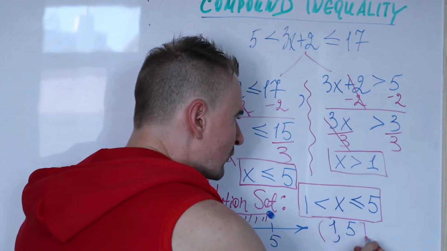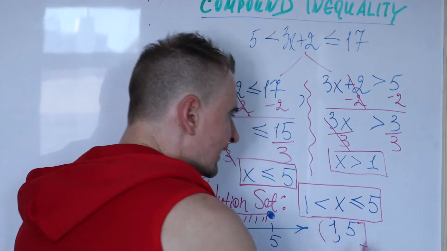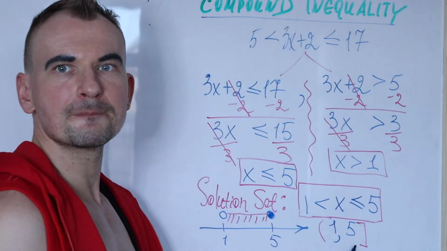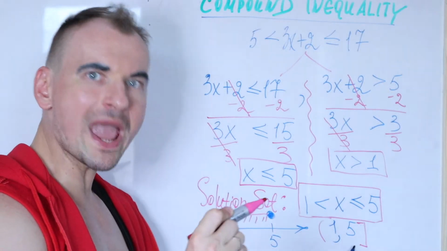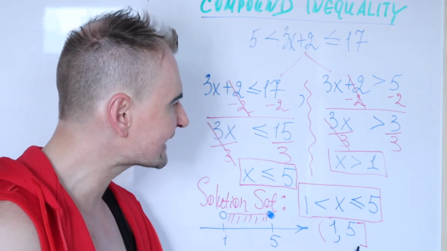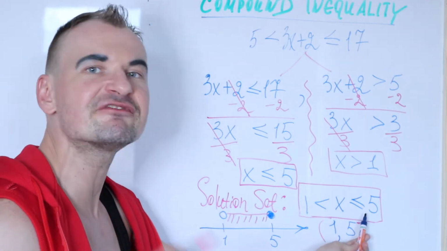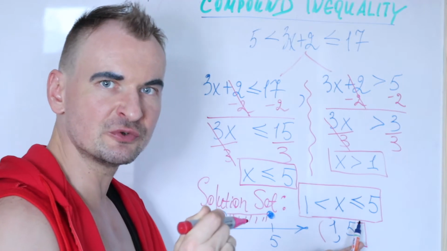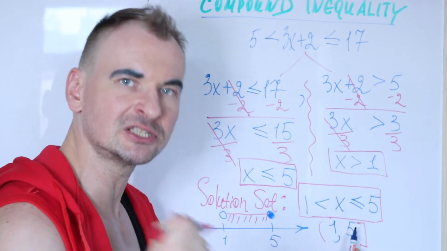And for 5 you are going to use the square bracket. That square bracket represents that 5 is in the solution. 5 is included, not excluded.